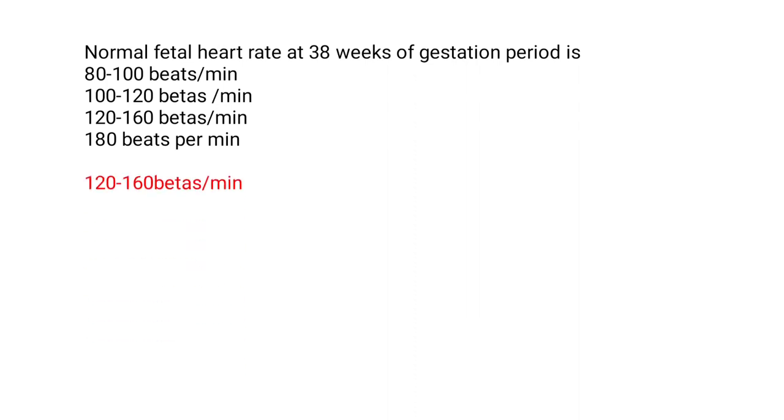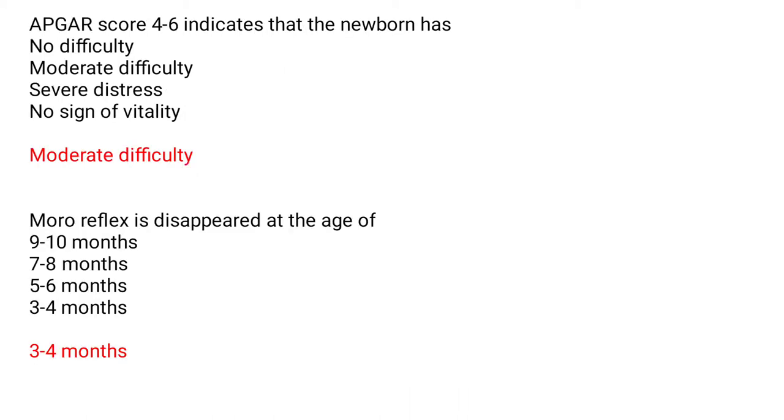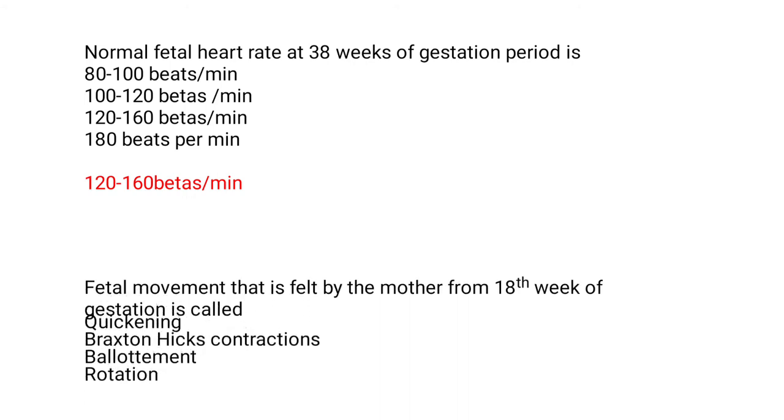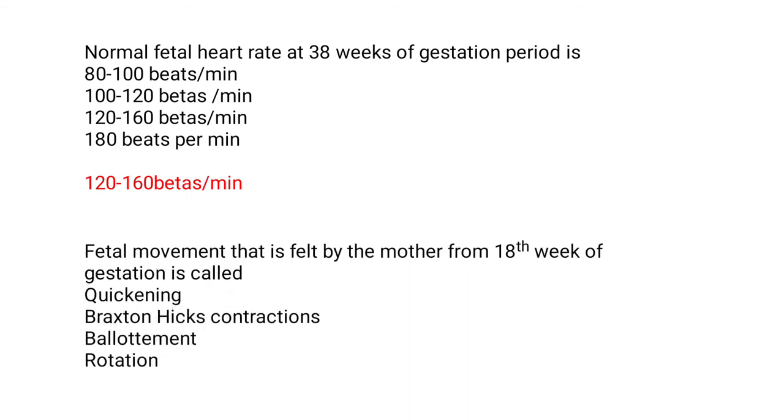And the answer is 120 to 160 beats per minute. Fetal movement that is felt by the mother from 18th week of gestation is called quickening, Braxton Hicks contractions, ballottement, rotation. And the answer is quickening.